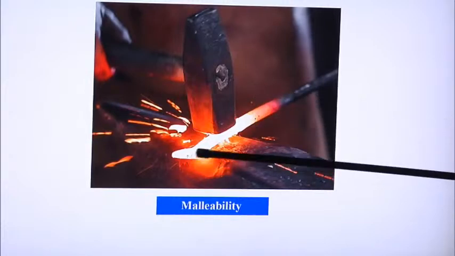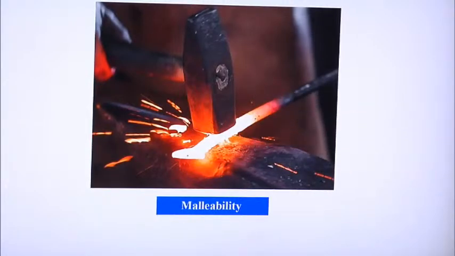And look at how it looks like. When metals are put in fire, they become very soft. And you can hit another metal on it. You can break it to become so many things, like hoe, cutlass, rake, and so many.